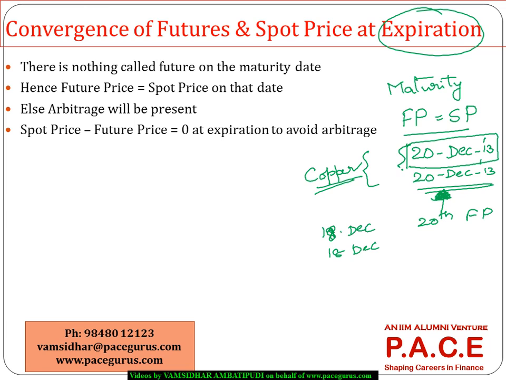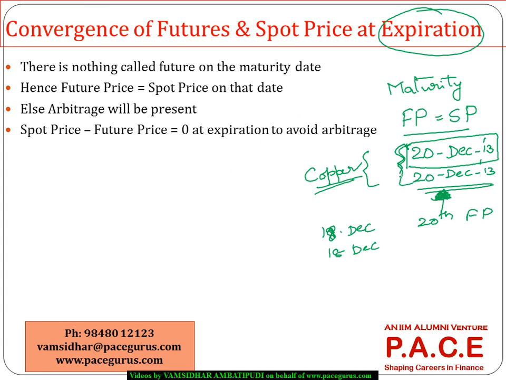Whereas when it is the same date, the delivery price, whether in the spot market or in the futures market, should be the same. So the futures price should be the same as the spot price on the expiration date.